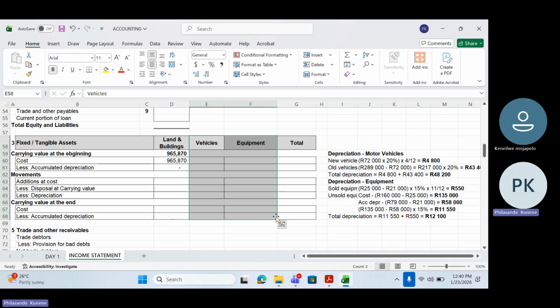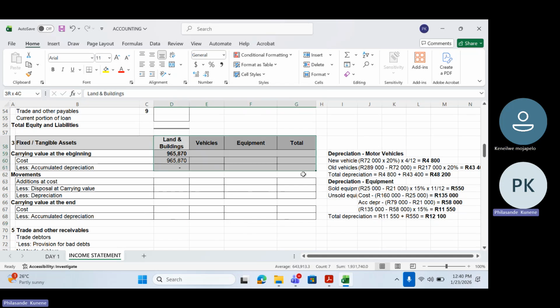Historical cost does not apply here. What does historical cost say? That we must record our assets at their original cost.